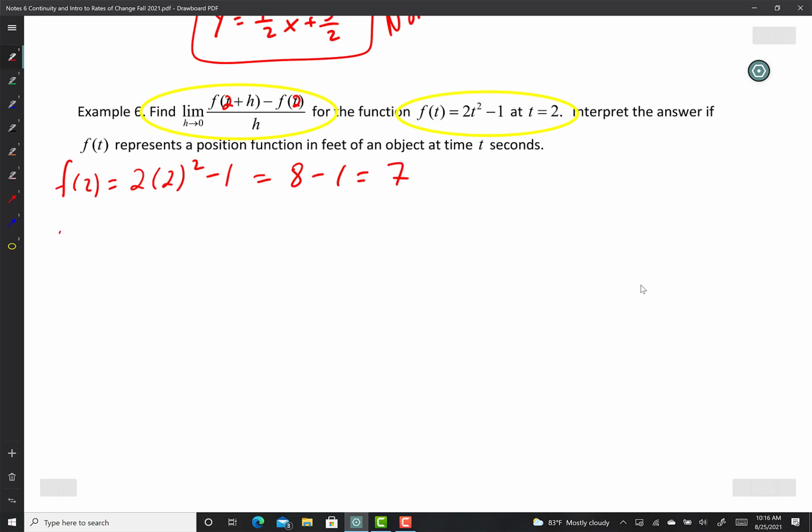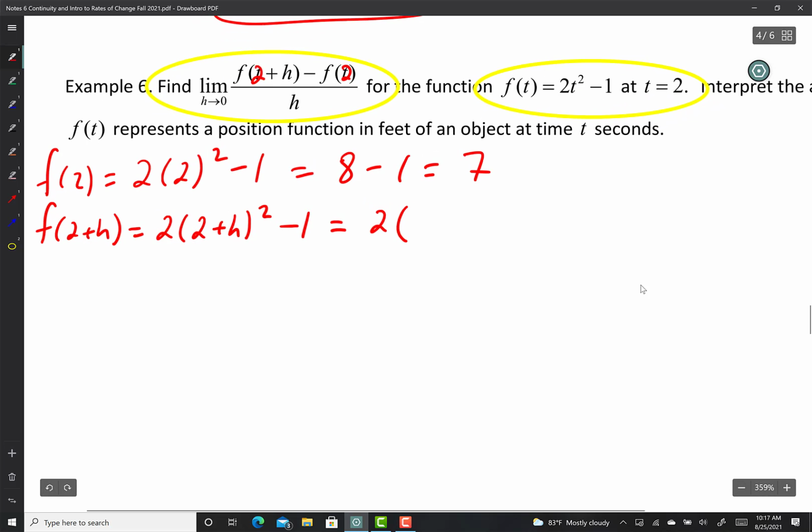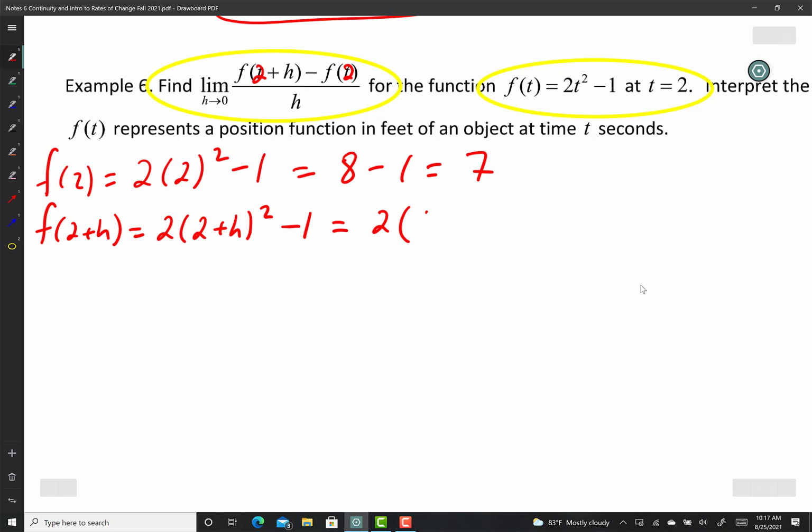And now I'll also want f of 2 plus h. So 2 parentheses 2 plus h close it squared minus 1, which equals 2 parentheses 2 times 2. And let me zoom in. 2 times 2 is 4. 2 times h is 2h, and you're going to have 2 of those. So plus 4h plus h times h is h squared.